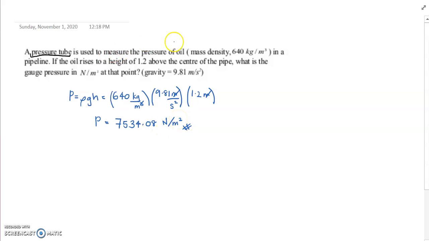You get the unit in kg per meter second squared, and 1 Newton per meter squared is equal to 1 kg per meter second squared.